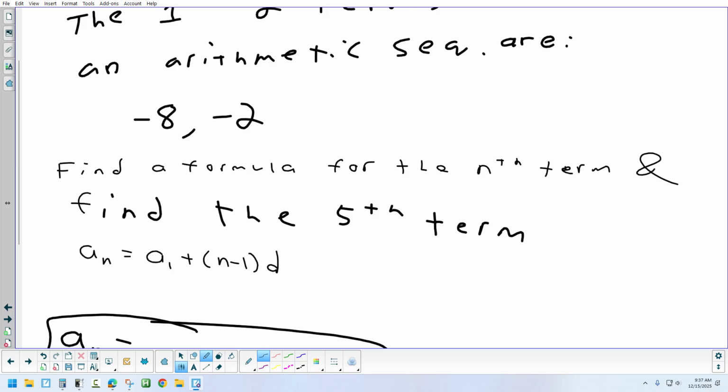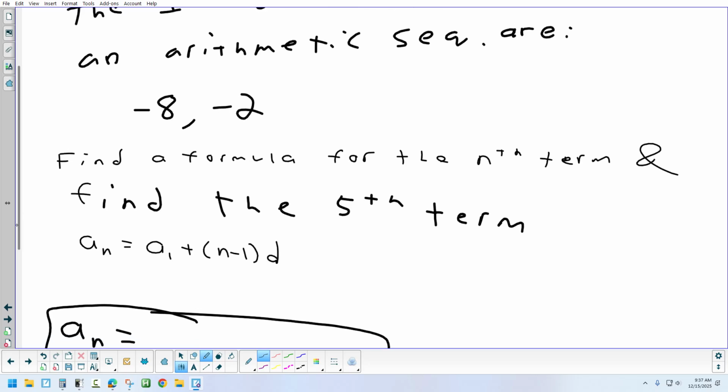Ruben, what's my first term here? 1. Well, that's what we call the first position, but that's not the number in the first position. -8. Yep. Plus n minus 1. And what would be our d value here?